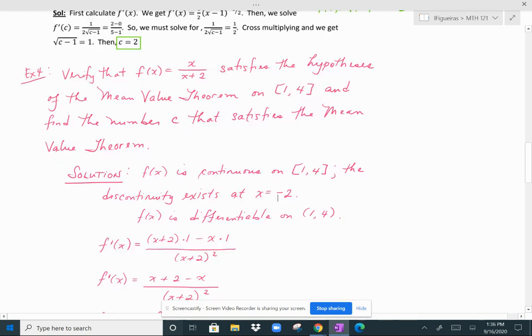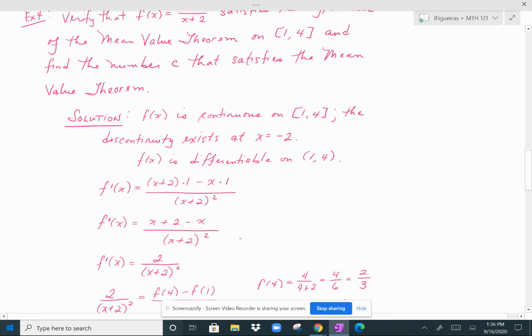It is also differentiable on this interval from 1 to 4. So just as I mentioned before, if you take the derivative and you use quotient rule here, you end up with 2 over x plus 2 squared. Again, the derivative only doesn't exist at -2, which is again outside of that interval.